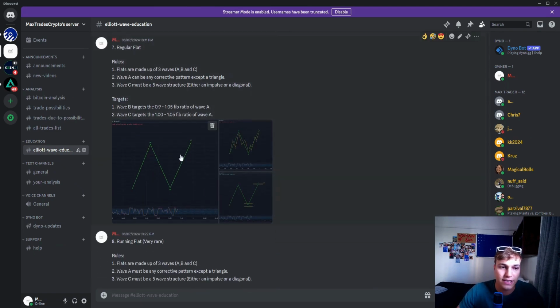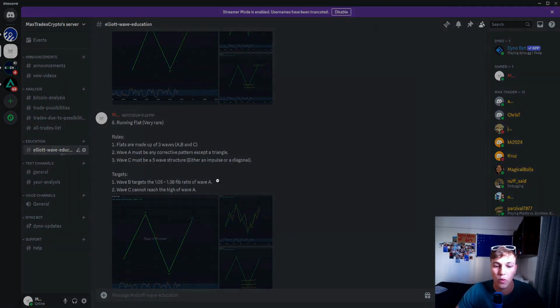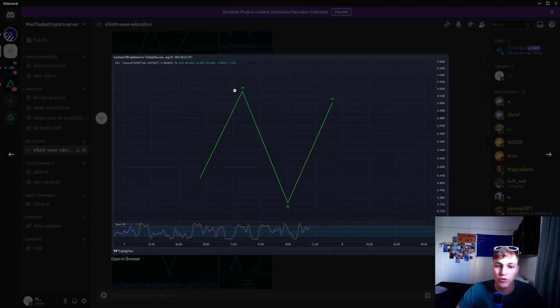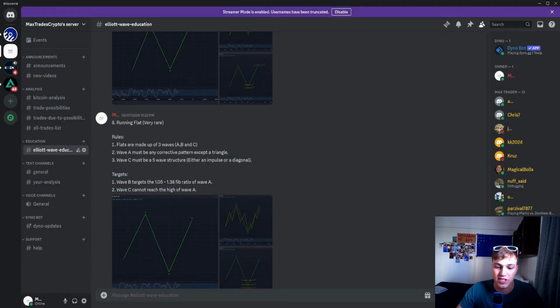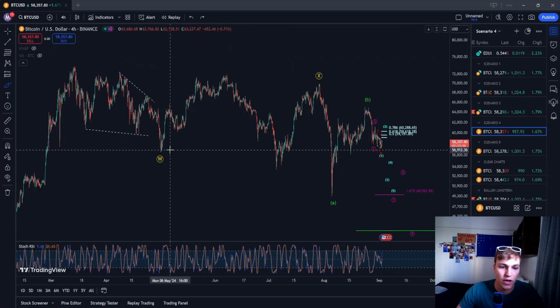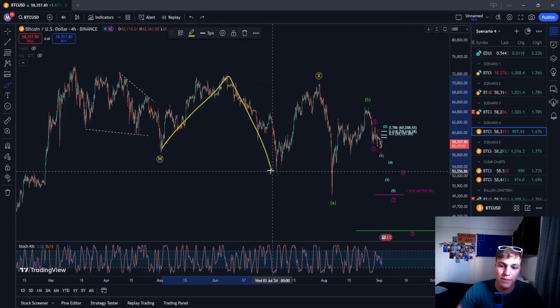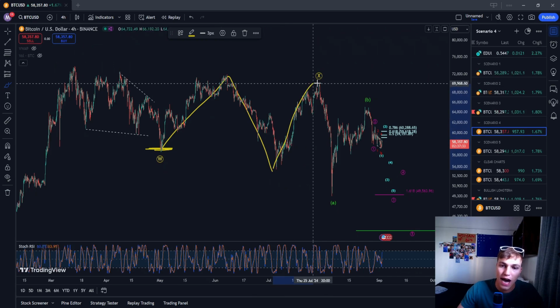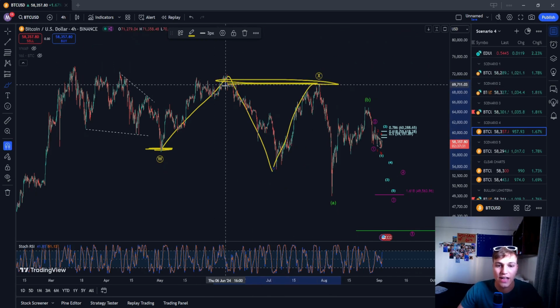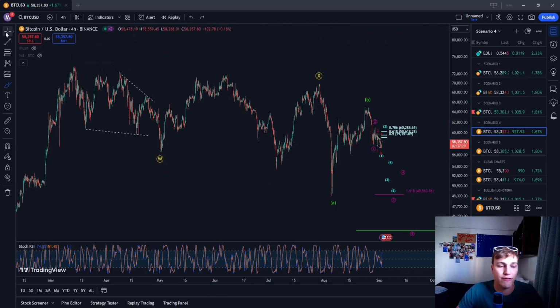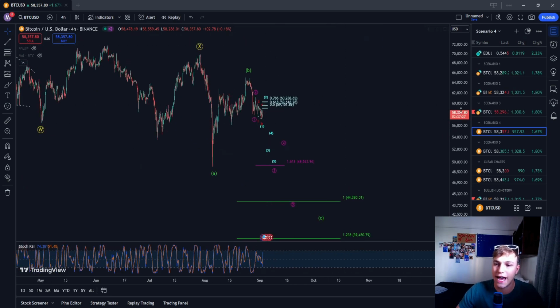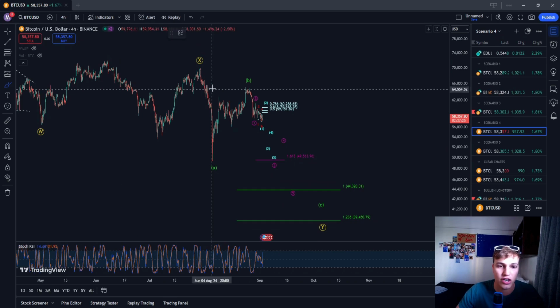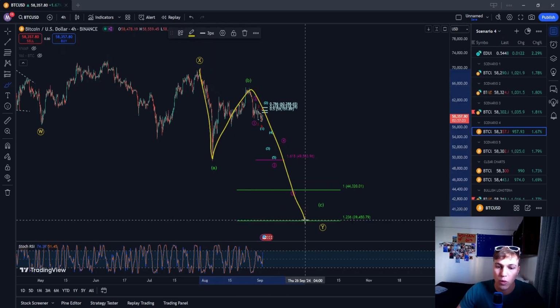In the running flat, price moves up, takes the low in B, and does not take the high of A in the wave C. So if we see here, we have an A wave up, a B wave down taking this low, and then a C wave up that does not take the high. So that is a running flat in X, and then we should have an ABC structure in the wave Y.